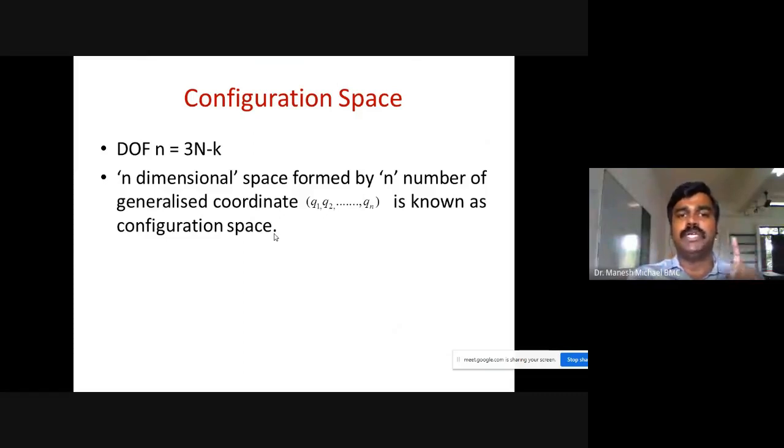That n dimension is determined by the number of generalized coordinates, or otherwise the degree of freedom of the system. Most of the problems associated with Lagrangian or Hamiltonian dynamics are solved in the configuration space. So the configuration space is related to the generalized coordinates and the corresponding degree of freedom.